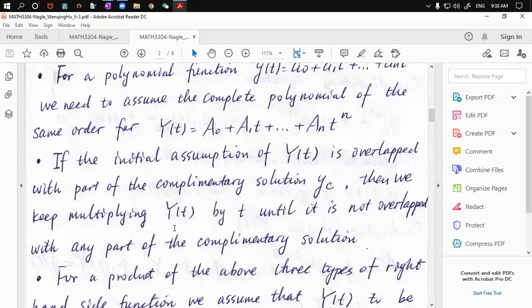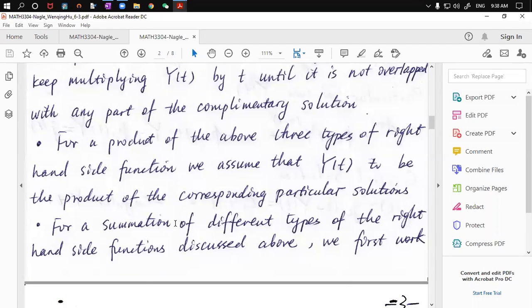And then we've been talking about the principles of divide and conquer, which means that if you have a product of the above three types of right-hand side function, then you assume that capital Y of t is the product of the corresponding particular solutions. So this is about products.